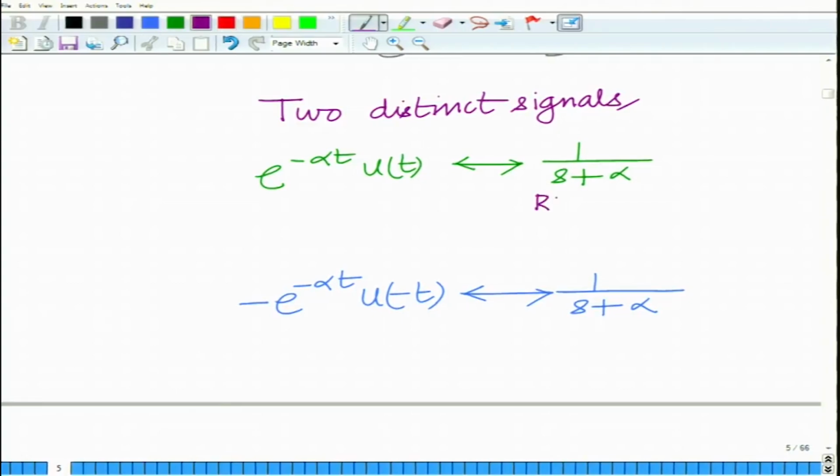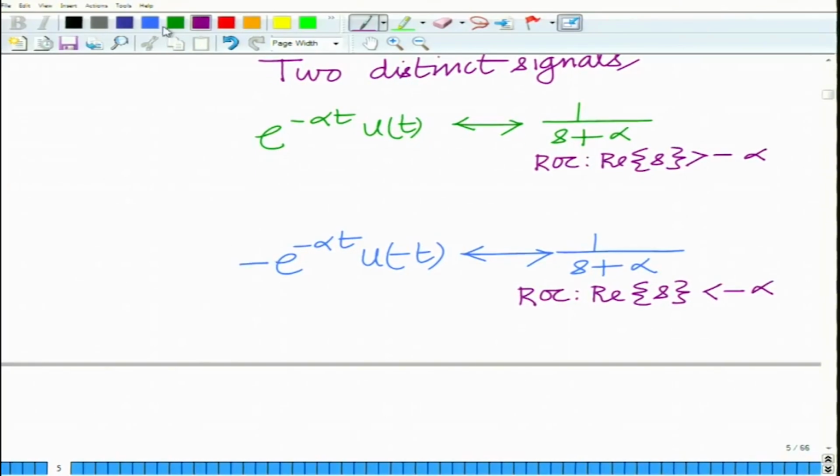So, the ROC of the first is real part of s greater than minus alpha, and the ROC of the second is real part of s less than minus alpha, and therefore they have the same Laplace transform but different ROCs.